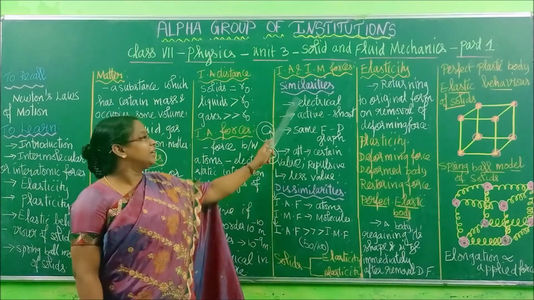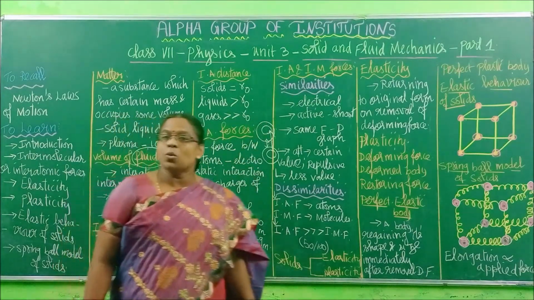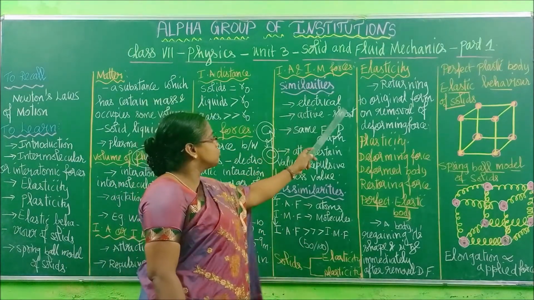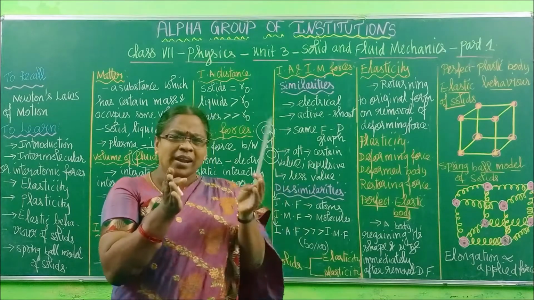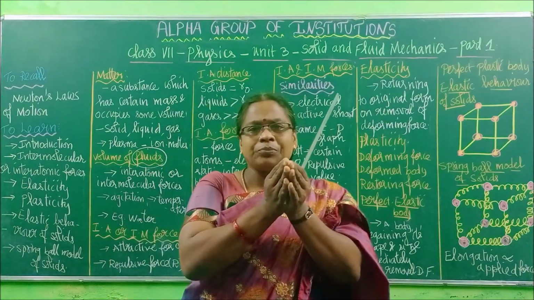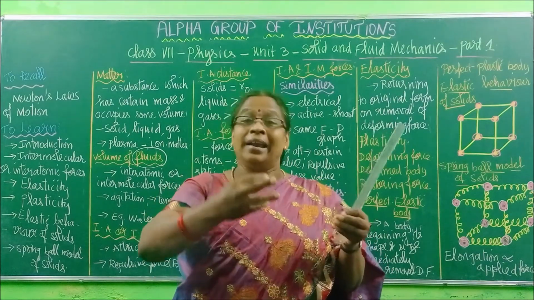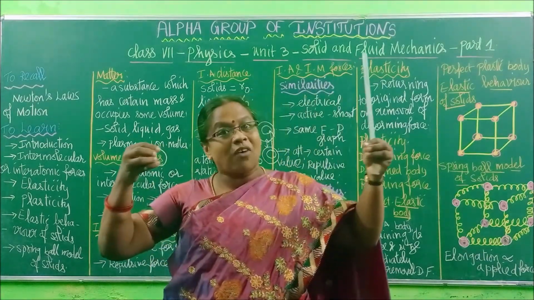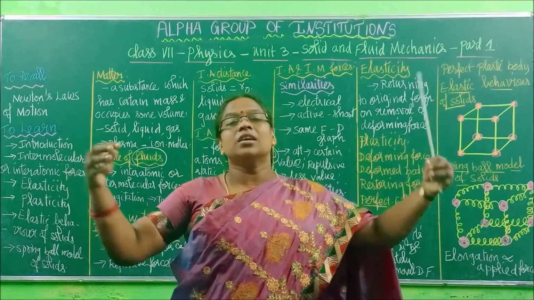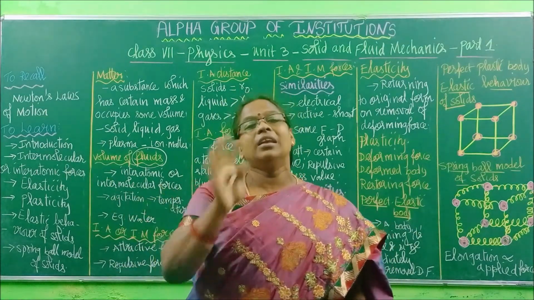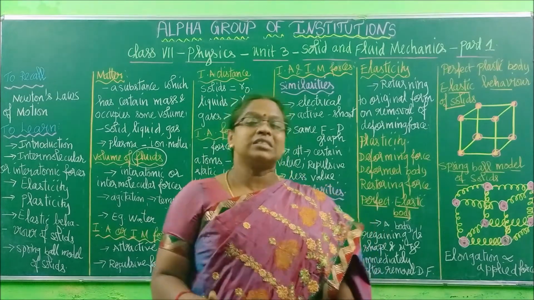They both are electrical in nature. Electrical means, as I told you, they will have charges, right? And they are active in short distances. Only when the atoms are too close to each other will they be highly effective. If the atoms move farther and farther, if the distance increases, interatomic or intermolecular force does not have any effect, or it will have less effect.